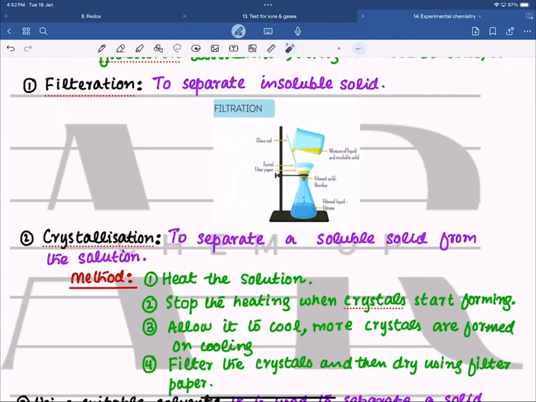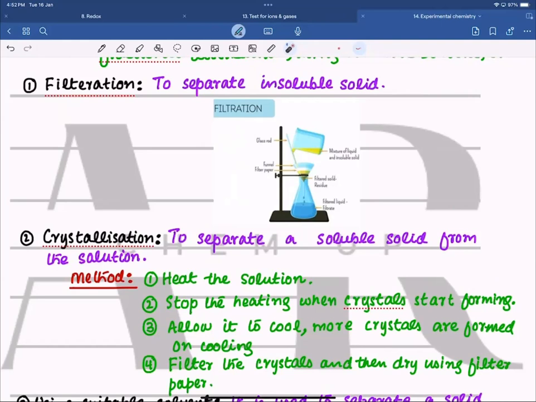When the quantity of the solvent decreases, some of the dissolved particles form crystals and appear at the bottom. That is called the crystallization point. So we heat until we observe crystals at the bottom.